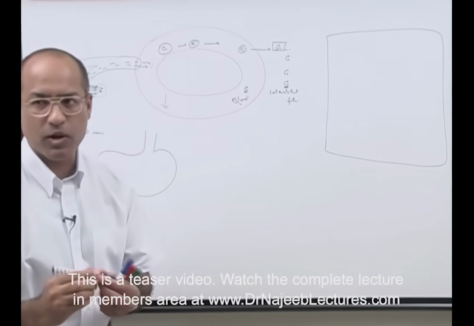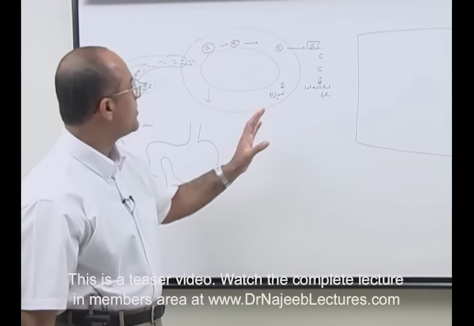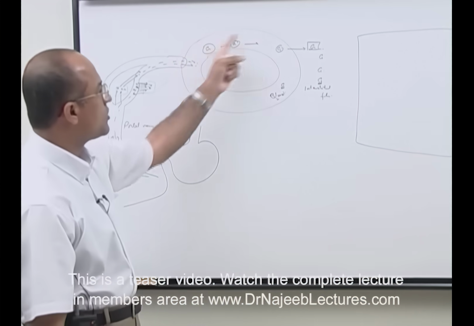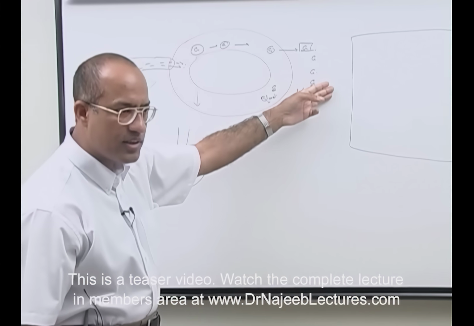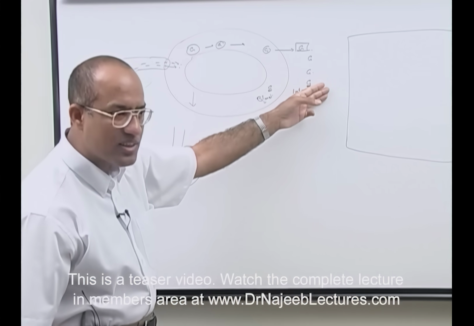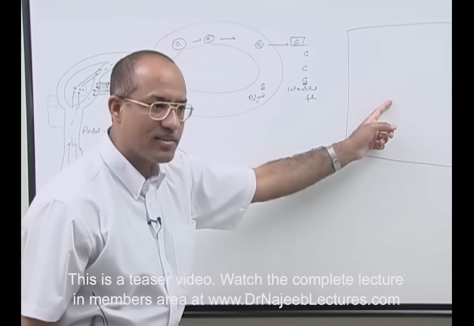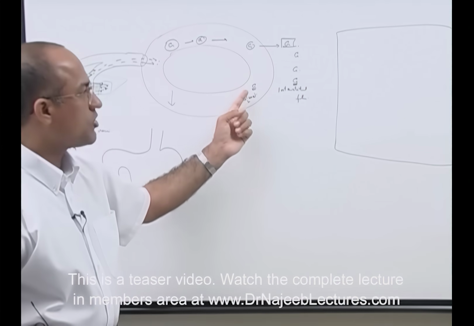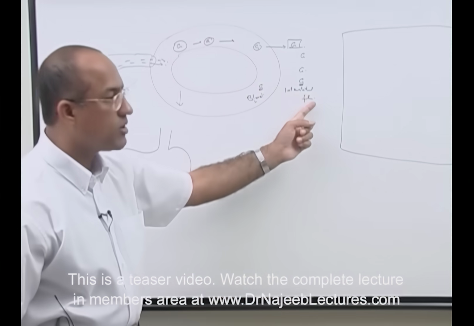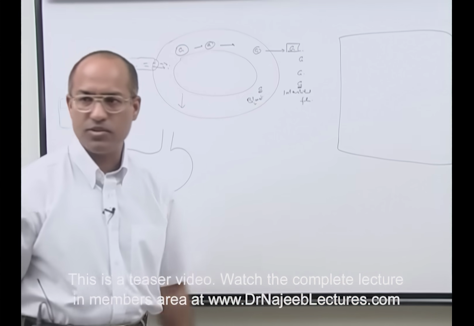Someone with good knowledge of biochemistry will answer. First, listen to the question. Glucose is coming into the blood. From there it should go to the interstitial fluid, the fluid in between the cells, and from there the glucose should shift to the cells. My question is, what is the difference in concentration?